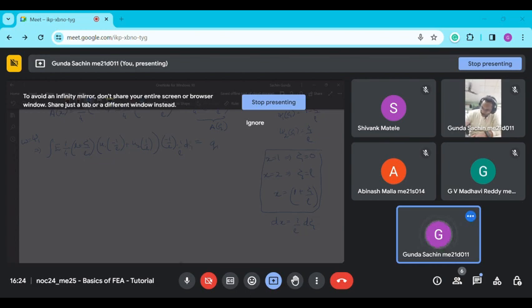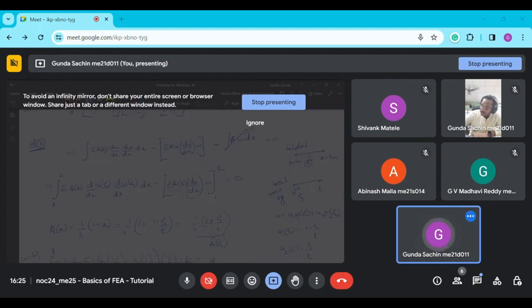And this is not dx, we want to convert into d zeta, which is nothing but 1 by L d zeta, and the limits are from 0 to L. So now you have the whole system in terms of zeta, then you can proceed to solve it.